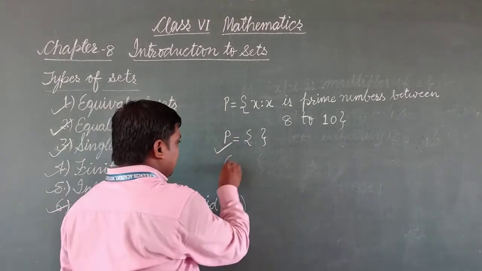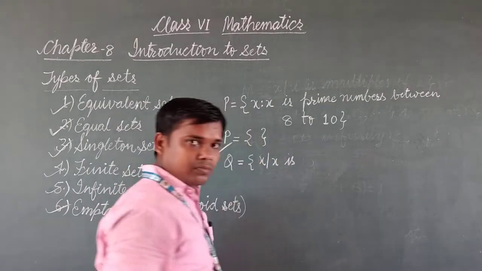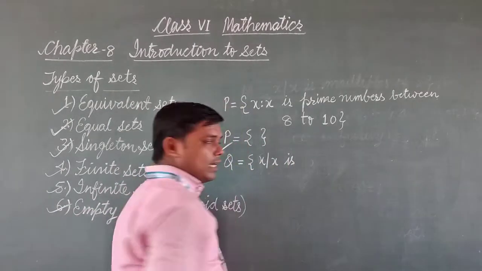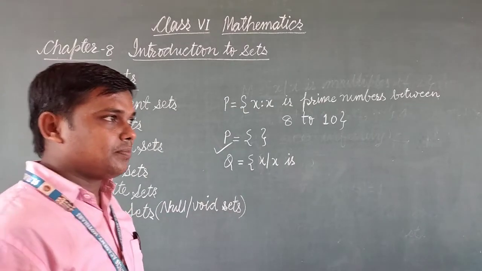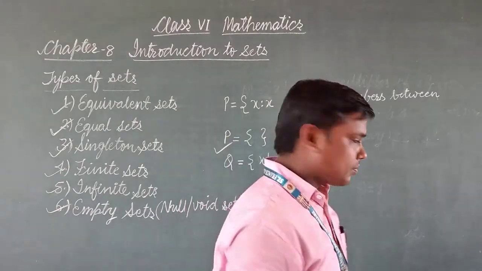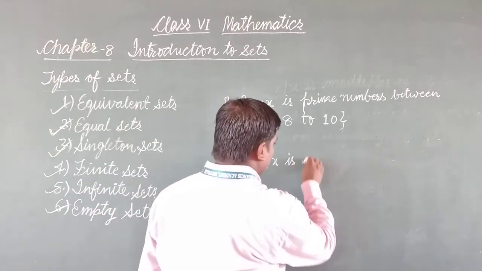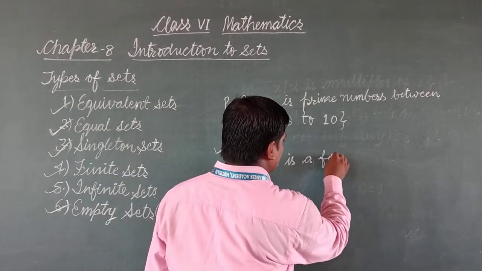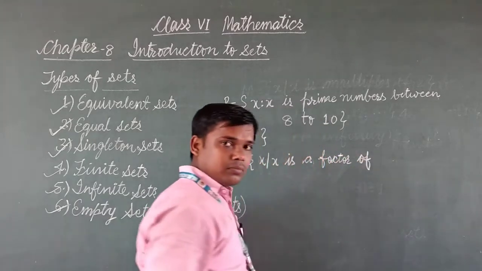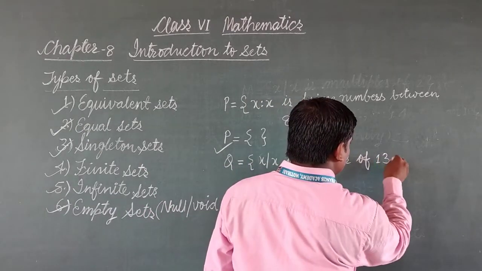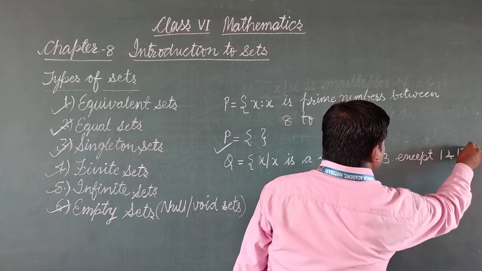Other example, set Q. X such that X is a factor of 13 except 1 and 13.